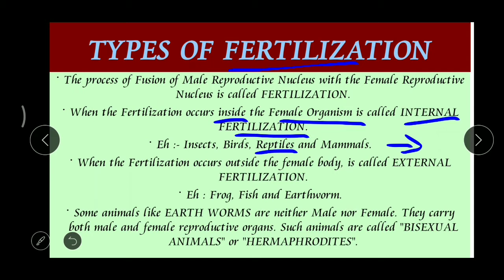But some children think that mammals means those which give direct birth to the young ones. Is that right? No. They are called viviparous animals, not mammals. Mammals are those which feed their young ones with milk.